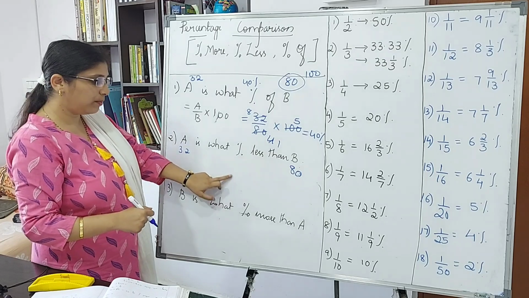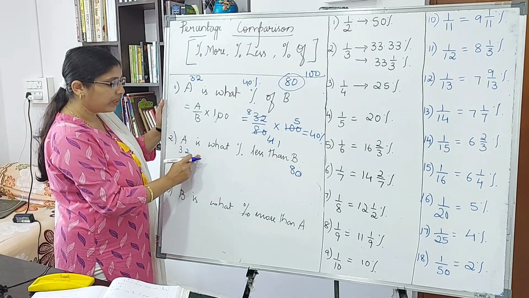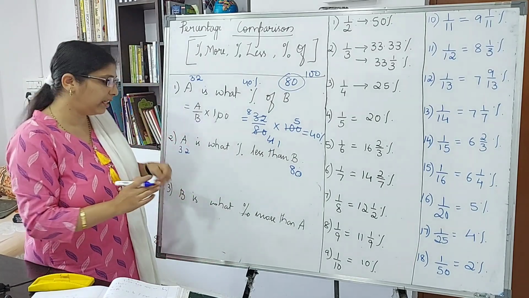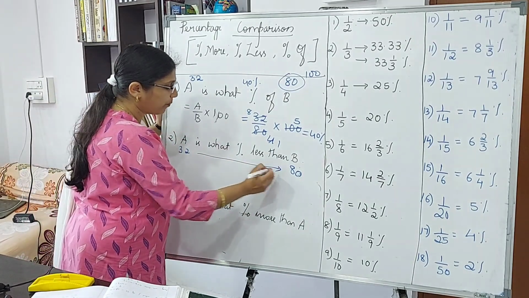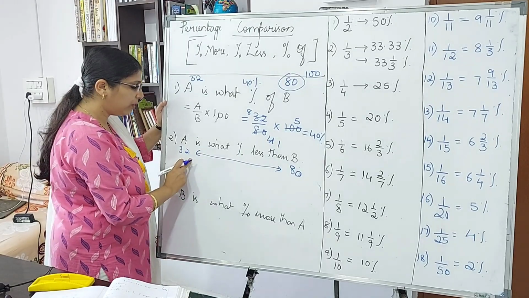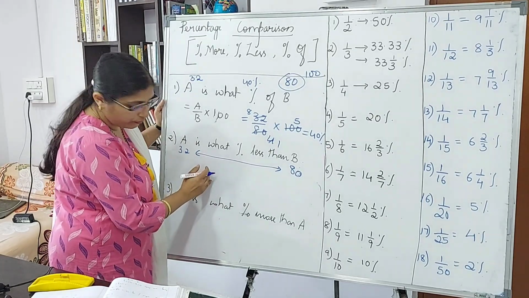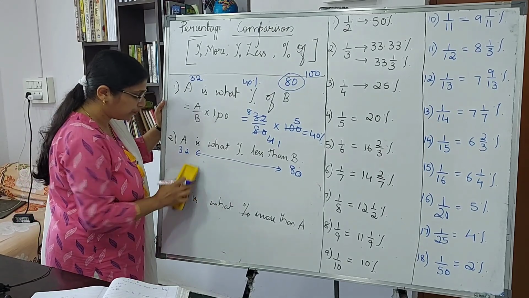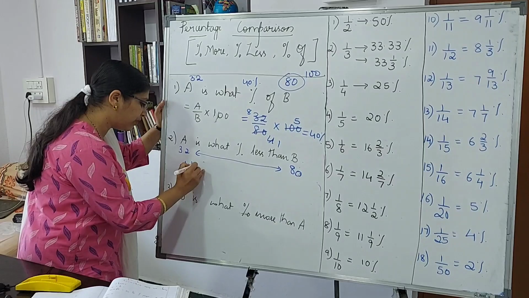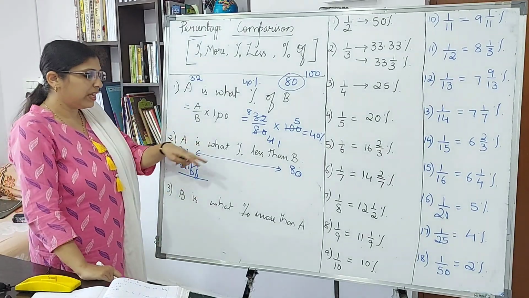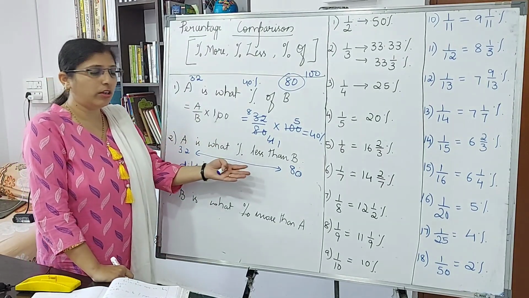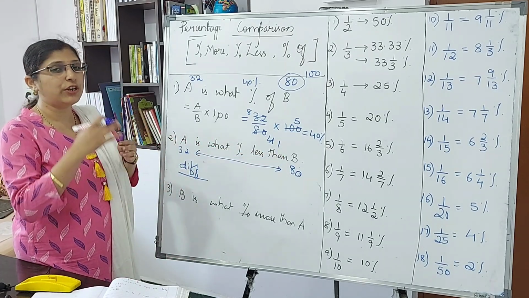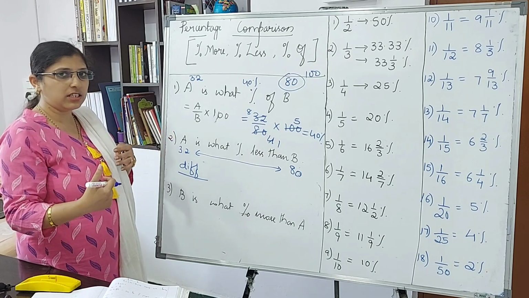How can we prove this here? Now see here, when we are comparing two things, 32 is how much percent less than 80? First, find the difference. Difference between 32 and 80 is 48. Find the difference divided by, you are comparing the 32 with what? With something which is more. When one thing is less and you compare it with more, you feel less, isn't it?